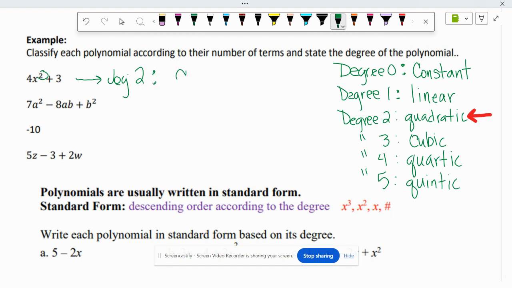We call it a quadratic. And how many terms does it have? 2 terms, right? So something with 2 terms is a binomial. So this would be an example of a quadratic binomial.